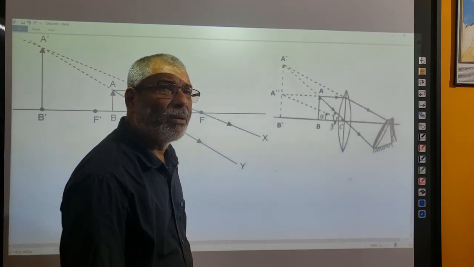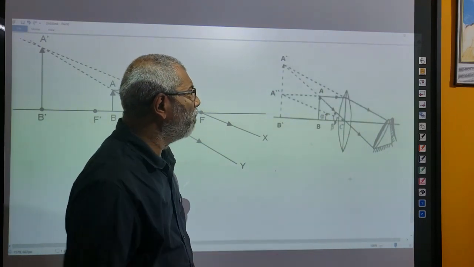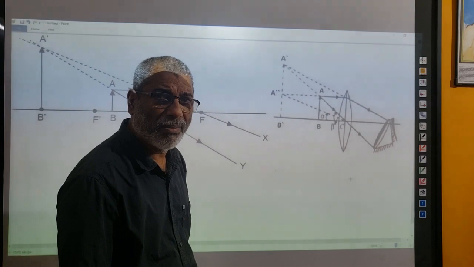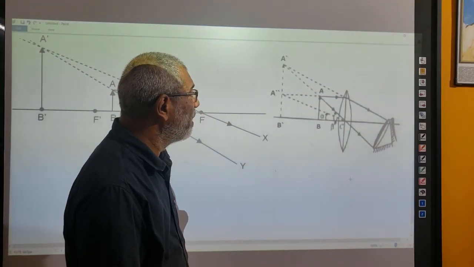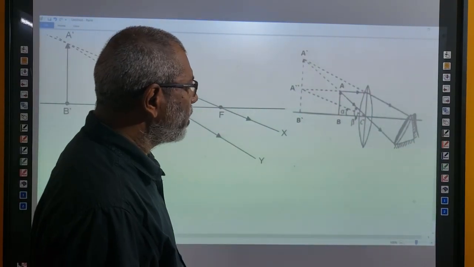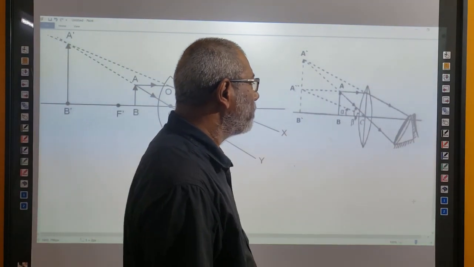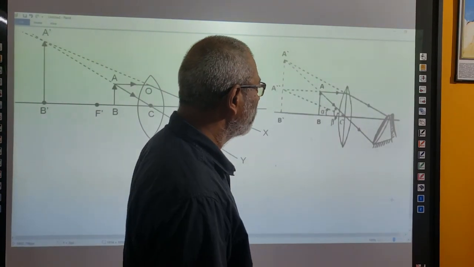Right? We are now going to calculate the magnifying power of this simple microscope. A simple microscope is sometimes called a hand lens. Sometimes it is also called a magnifying glass. In this case we have seen that the object is very near to the eye, and this distance is not taken into account.